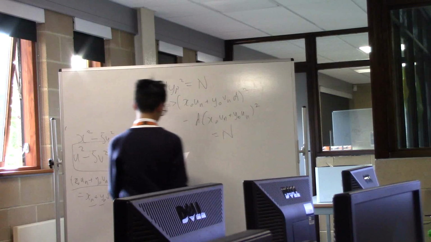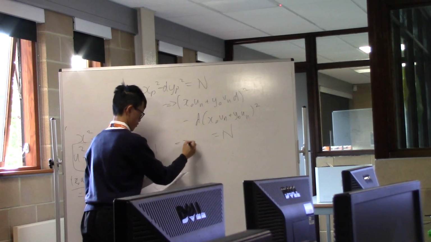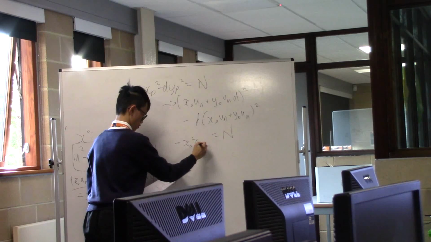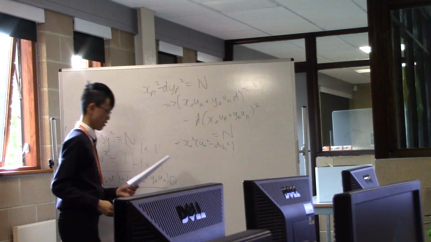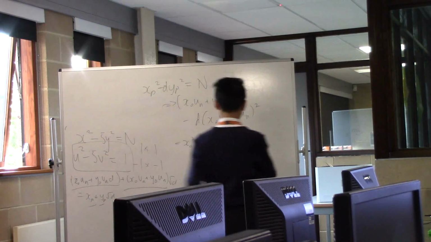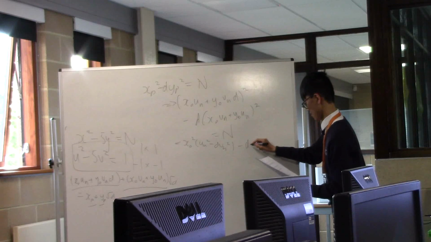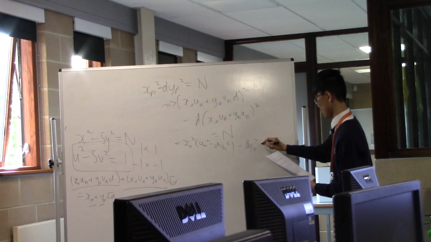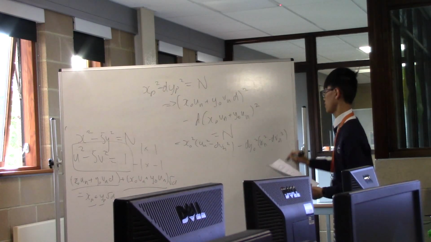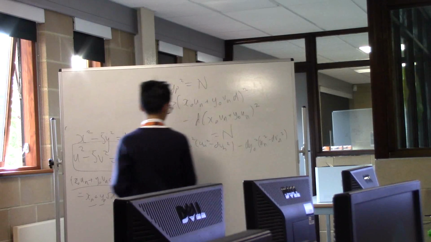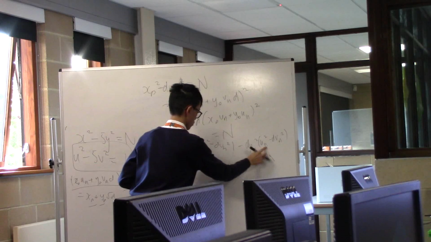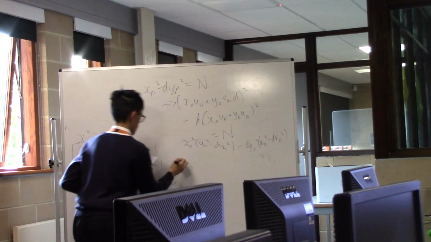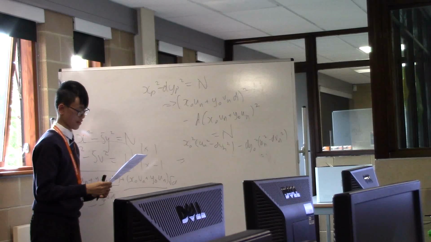Once we've done that, we can collect terms to get x0 squared times un squared minus d vn squared, minus d y0 squared times un squared minus d vn squared, and that is equal to n.